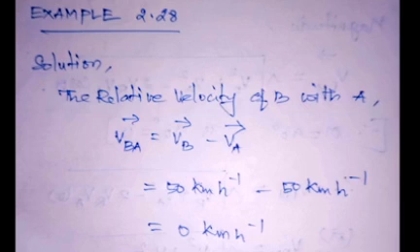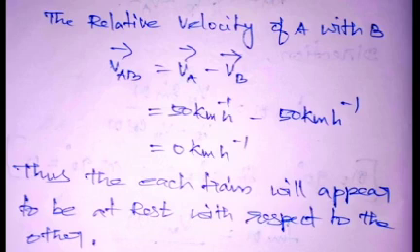Likewise, the relative velocity of A with respect to B, the formula VAB vector equal to VA vector minus VB vector, and substitute the data 50 km per hour minus 50 km per hour. So we get 0 km per hour, that is VAB also 0 km per hour. So what is the conclusion of this problem? Both trains are at rest relative to each other, from B to A or A to B.